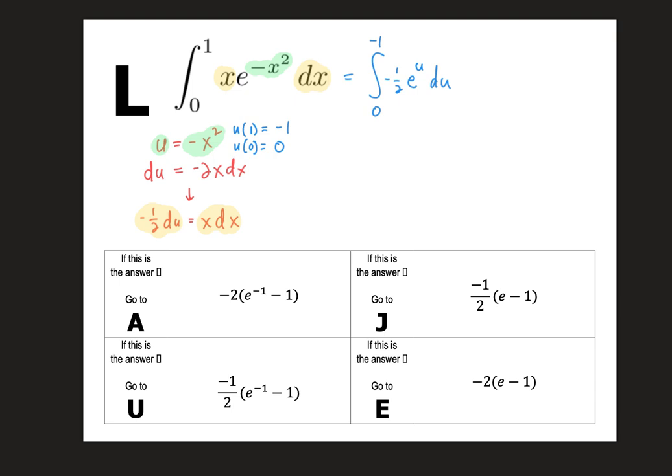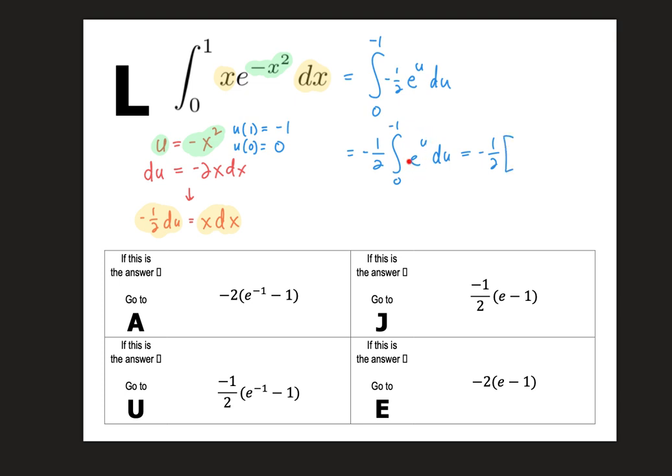Okay, and if you're not interpreting the integral as area, it doesn't matter if the top limit's smaller. That's perfectly fine. So I'm going to pull out the negative 1/2. And then now we'll take the antiderivative.